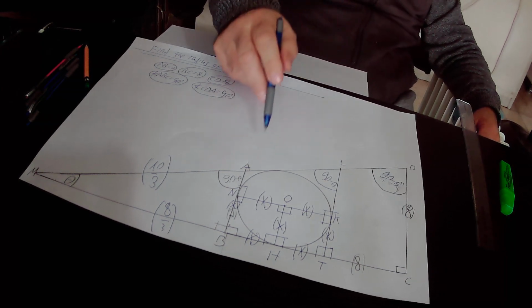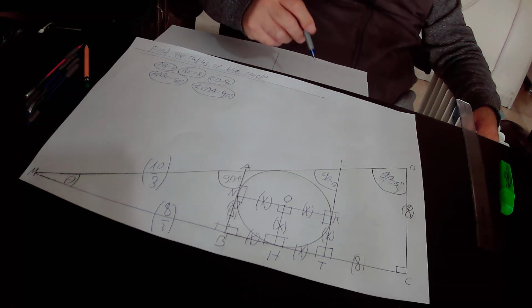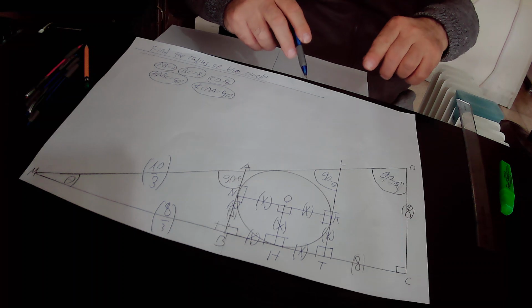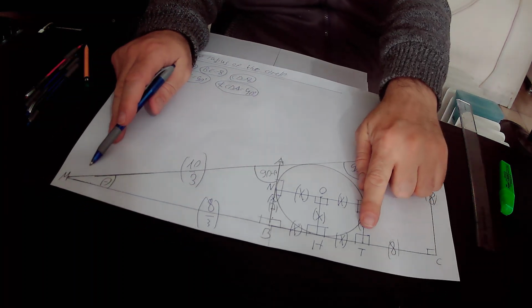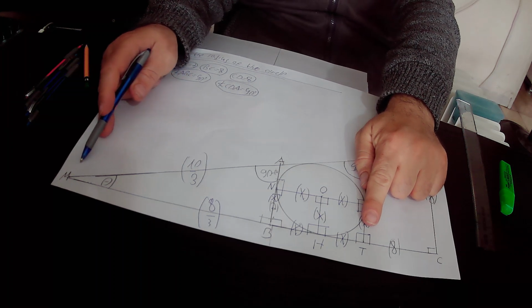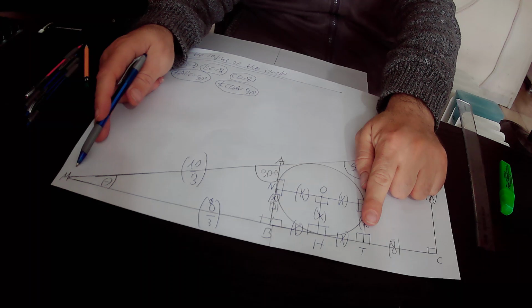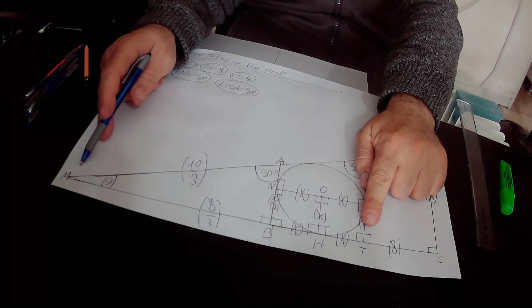Over AB, AB is 2, so we substitute AB by 2. And it equals TM. From the drawing, it is very easy to see that TM in total equals TB plus BM. That is to say, TM equals TB, that is 2x, plus BM, that is 8 over 3. So in total, TM equals 2x plus 8 over 3.